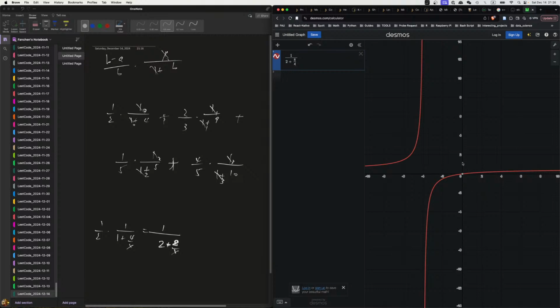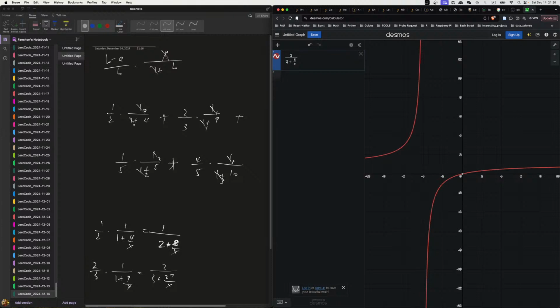I think this is how they all look like. That's how they all look like.